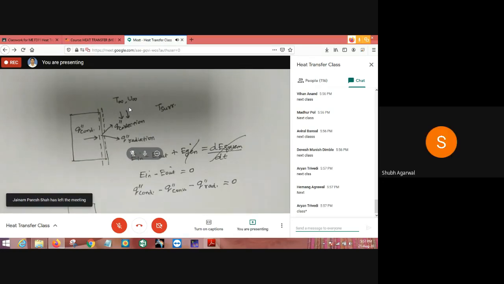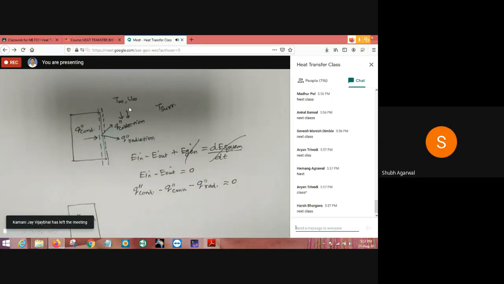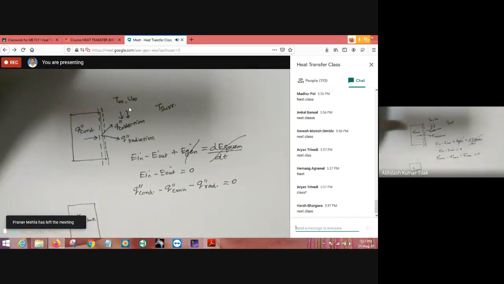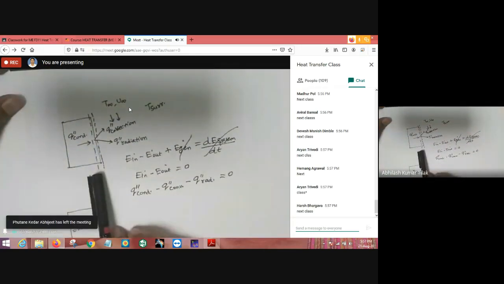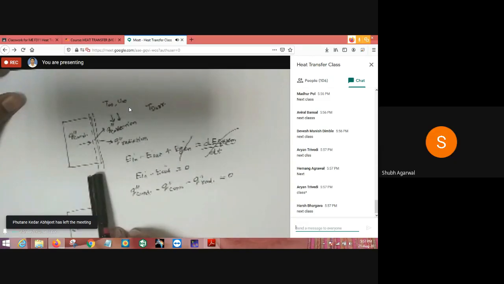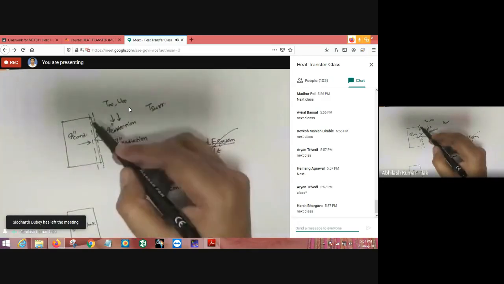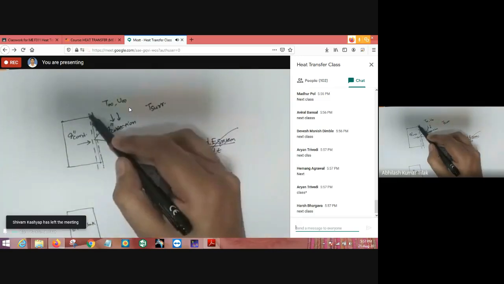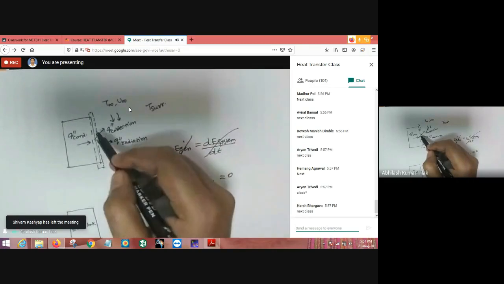Sir, how is Q conduction equal to E in? See, I have shown you that. Here you are asking? Yes, sir. What I am doing here is considering this surface through which all this process is occurring.